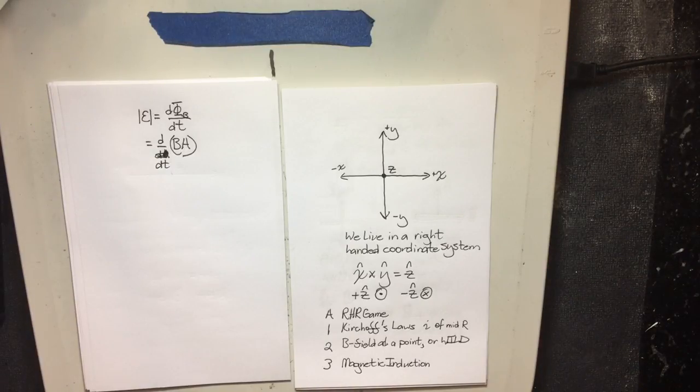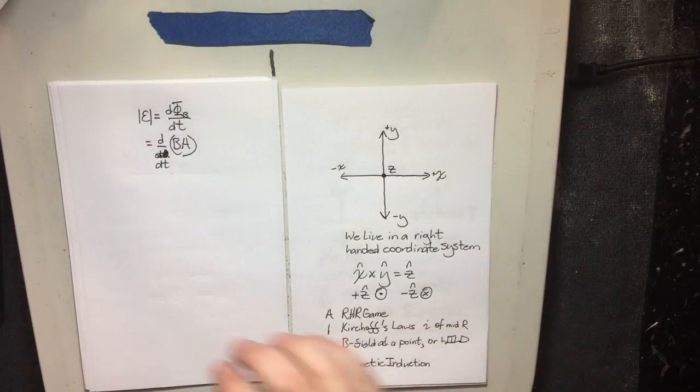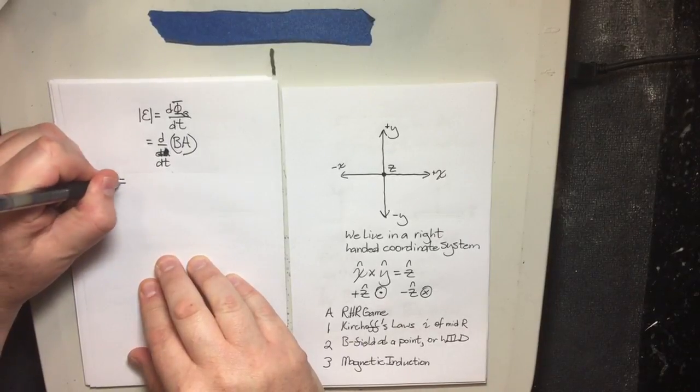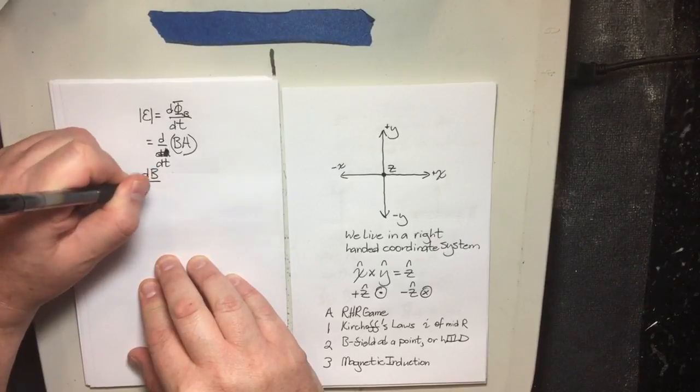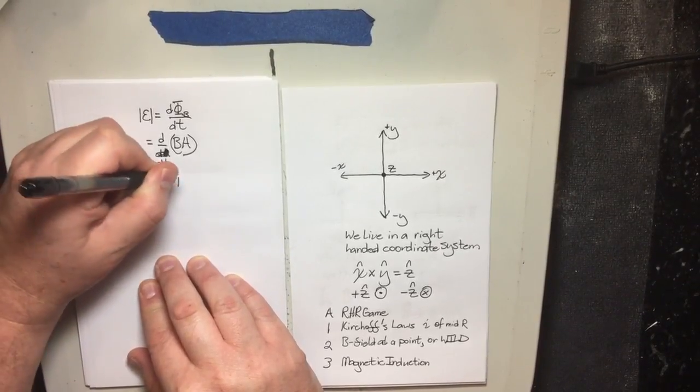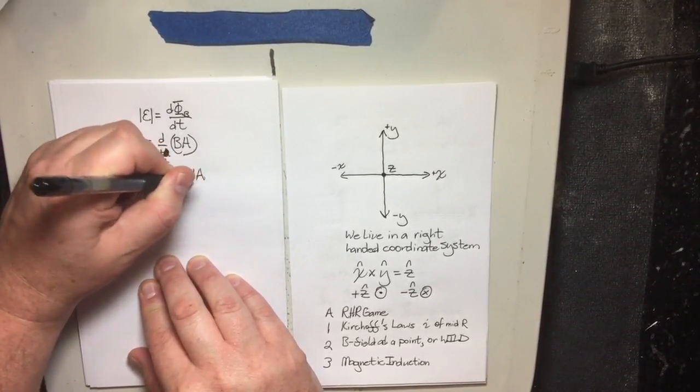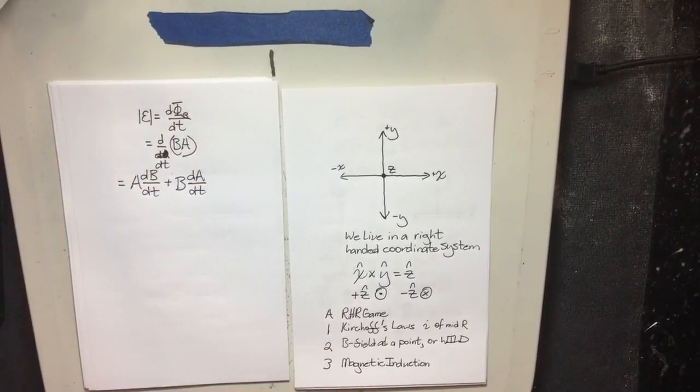The chain rule is for Cal 1 students, and it should be read like A dB dt plus B dA dt. Now that's basically what the chain rule says.